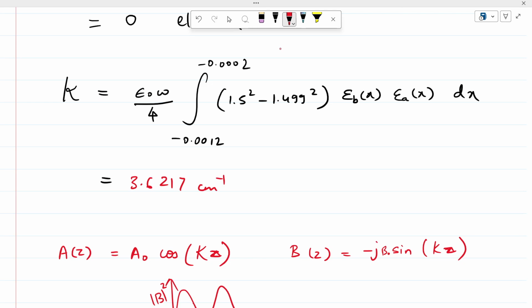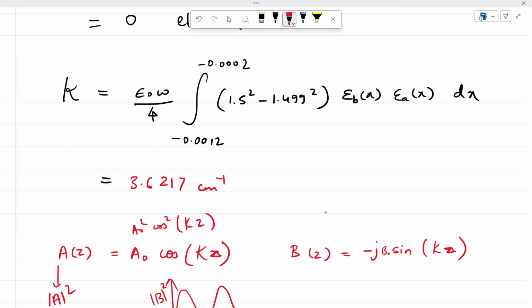Okay, that's it for today. So we saw how to approach a coupled mode theory problem, or how to understand perturbations, how they couple power between different modes, and what is the general way of solving for how much is the power coupled. So here also you can easily find out the power coupled by just doing a square. So it will be nothing but A naught square cos square kz.